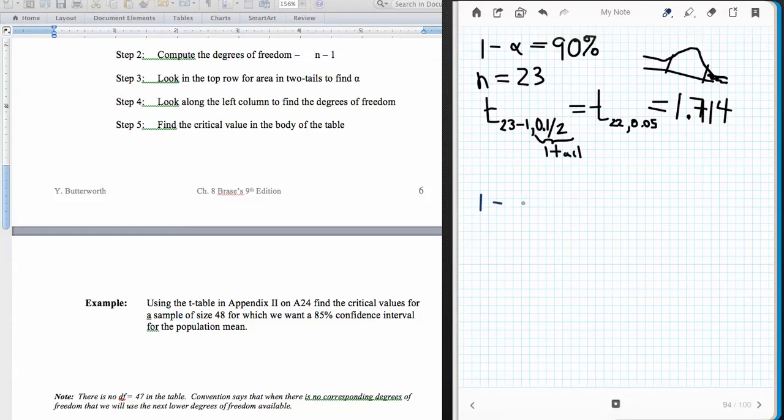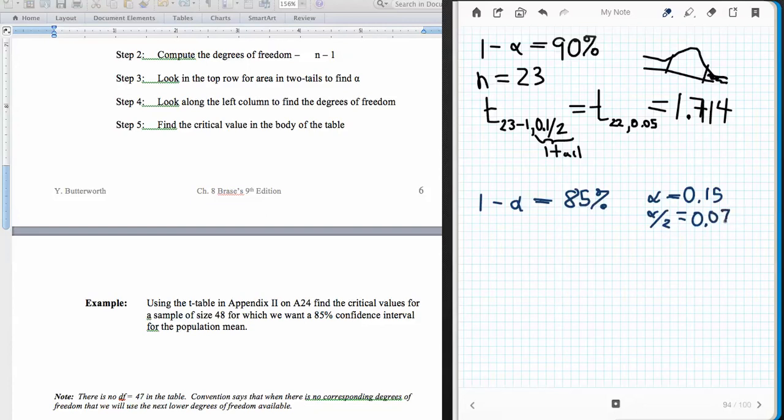So 1 minus alpha this time around is going to be 85%. So for an 85%, we need alpha of 0.15, and that would mean alpha over 2 is equal to 0.075.